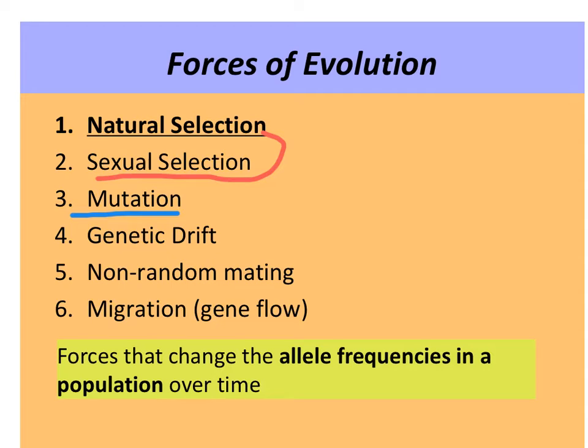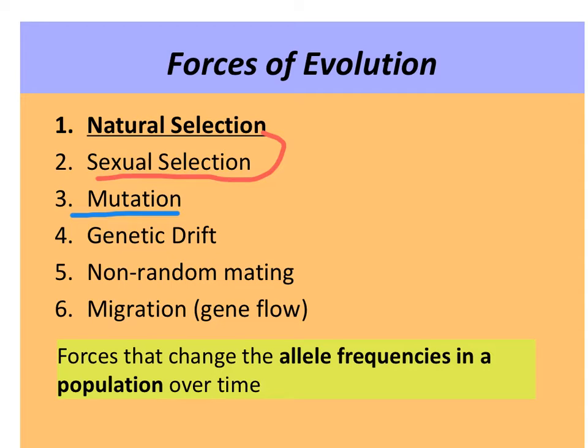You also have something called non-random mating, where instead of randomly picking mates, individuals might, let's say, choose like, and that will change frequencies of genotypes. And then there's something called migration or gene flow, or dispersal, and that also will change frequencies.